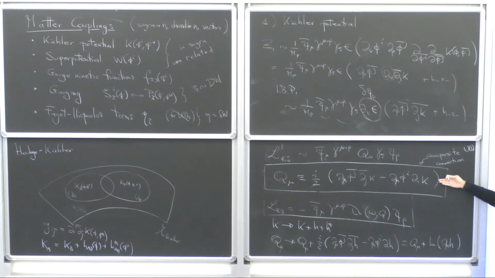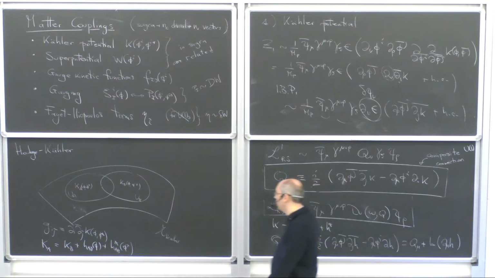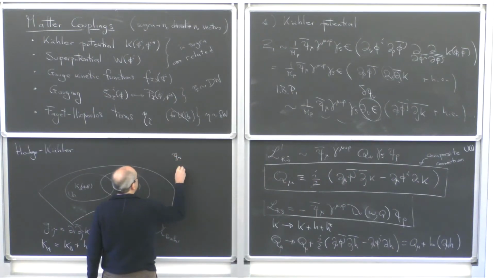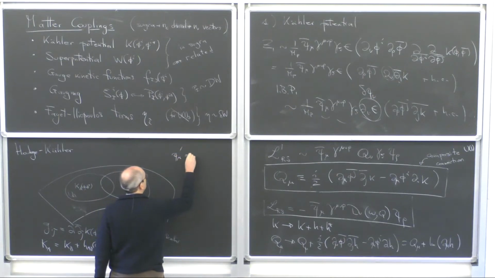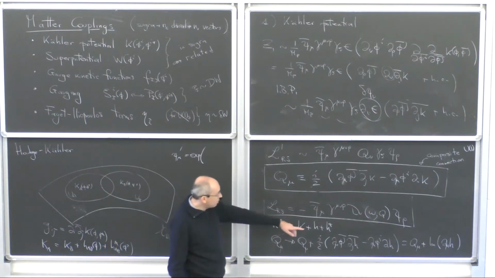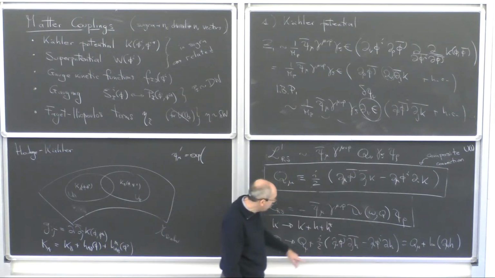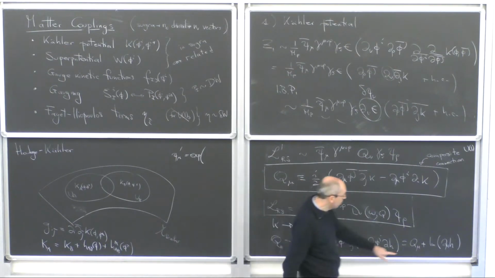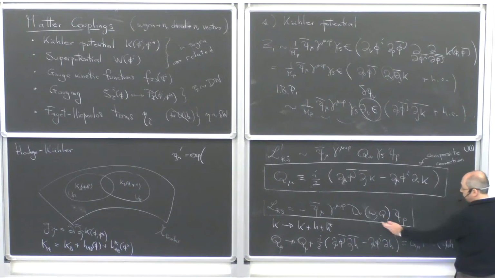This is cured by the fact that when you do the Kähler transformation, you assume that the gravitini transform as well with the Kähler transformation, and they transform in the appropriate way such that this connection removes the non-homogeneous piece that appears from the derivative acting on psi, and then this whole thing becomes invariant.